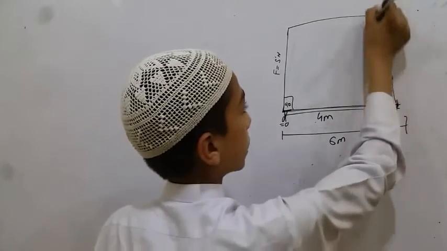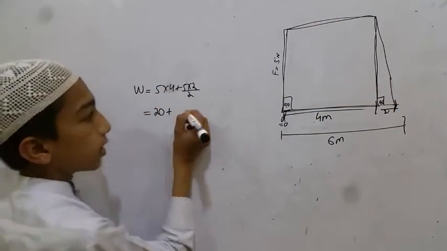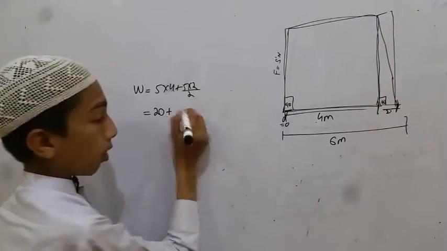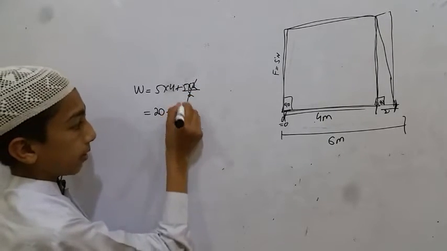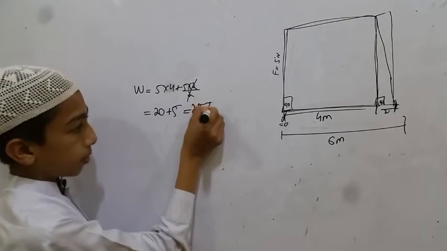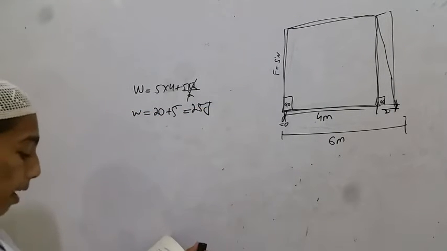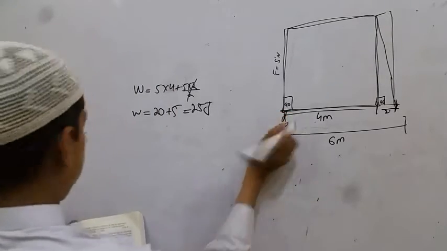This area is 5 into 4, which is 20, plus, and now this is half of the triangle, of the rectangle, so it is 5 into 2 divided by 2, so it is 25 joule. This is the work done by the force to displace this object.